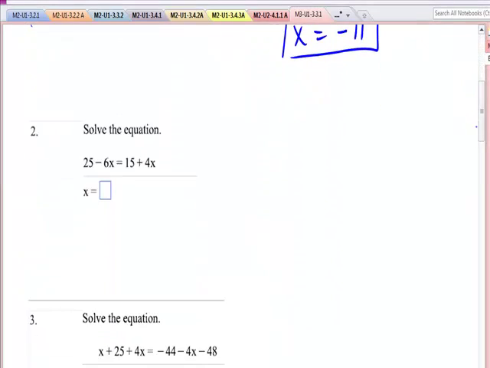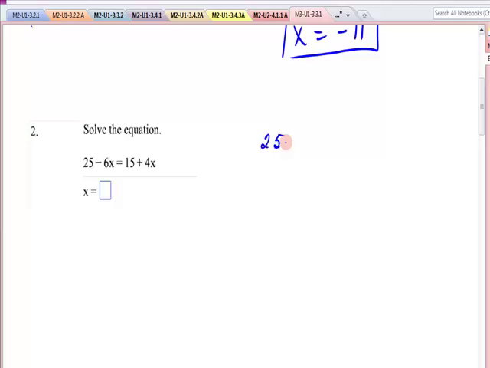All right, let's look at another one. All right, I have 25 minus 6x is equal to 15 plus 4x. Barrier. Simplify on the left? No. Simplify on the right? No. Variables on both sides?